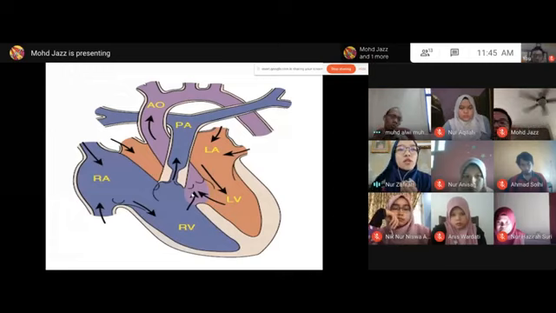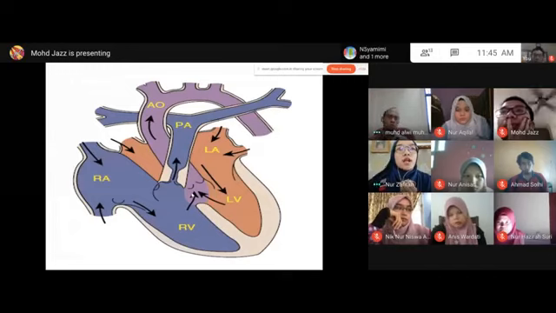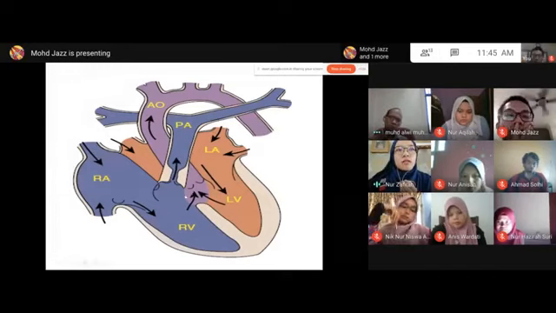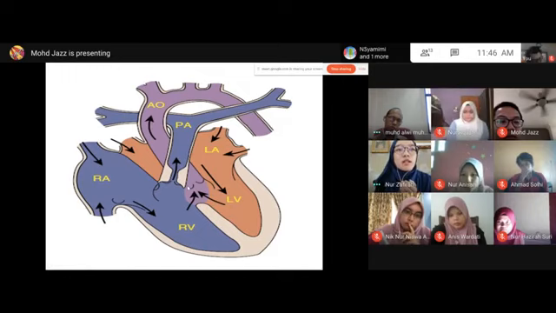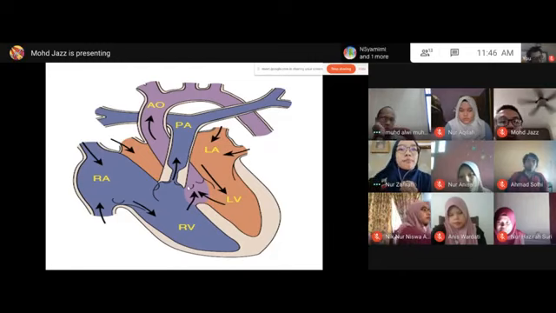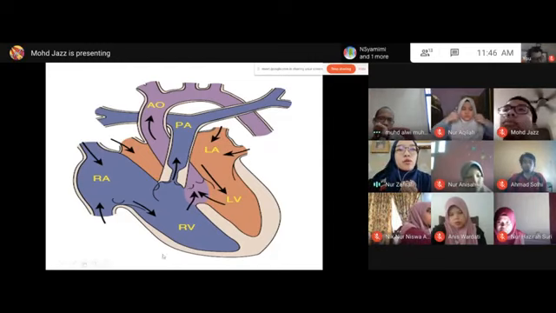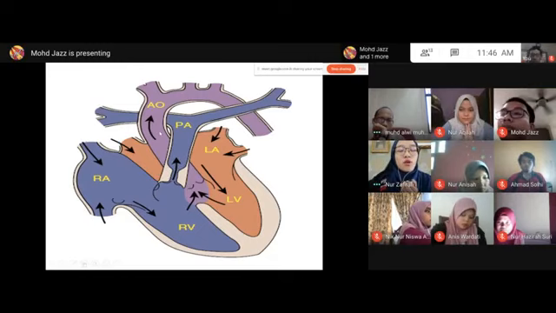So usually the presentation of tetralogy of Fallot is later, and the acute one usually occurs with cyanotic spells. So that's the physiology of tetralogy of Fallot.